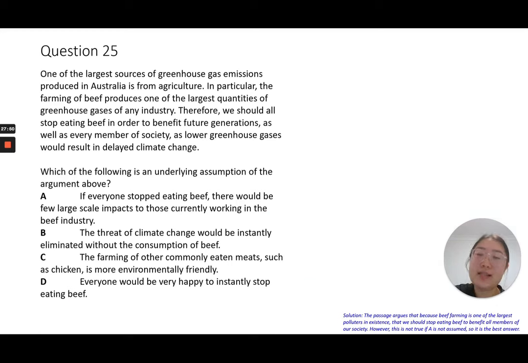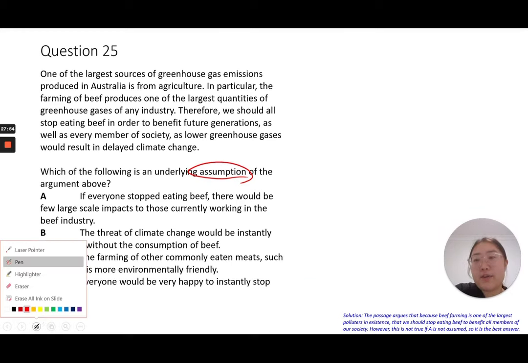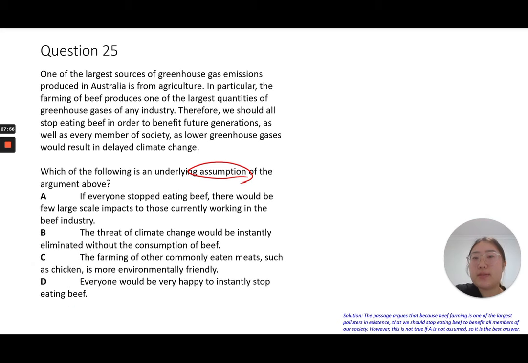25. What is an underlying assumption of the argument above? Let's have a look at the main points. So they're saying that farming of beef has produced one of the largest quantities of greenhouse gases of any industry.